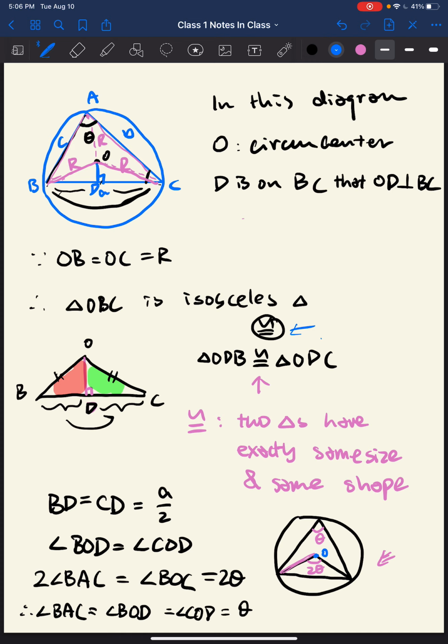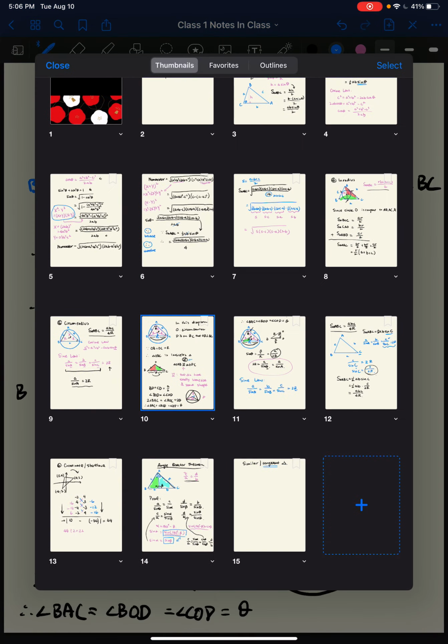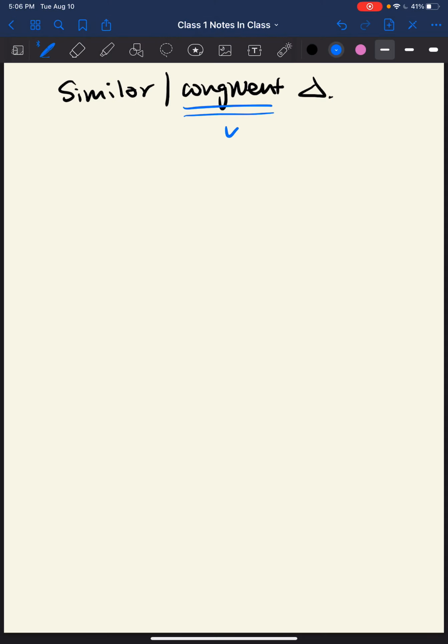This sign right here just means congruent, which means it has exactly the same shape and same size. Congruent has an equal sign underneath it, but similar is just this squiggly line without the equal sign.